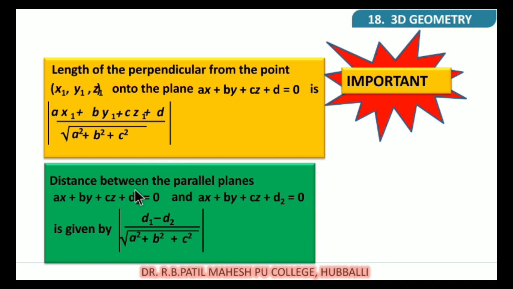Whenever you find the distance between two parallel planes, we have to use this formula, and the previous one is used for problems like the length of the perpendicular from a point onto the plane. So remember these two formulas, students. We will solve some more examples on these two formulas.